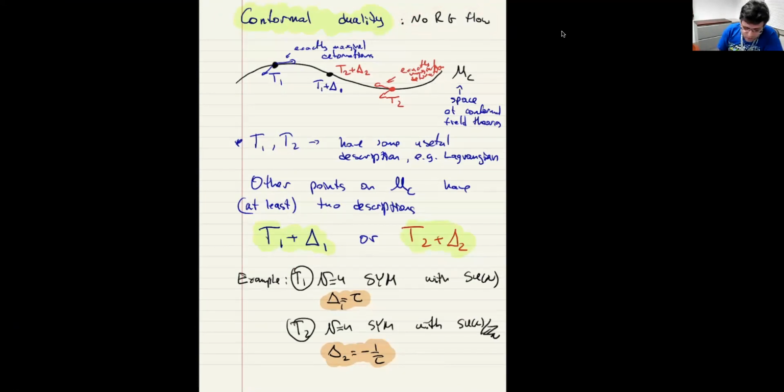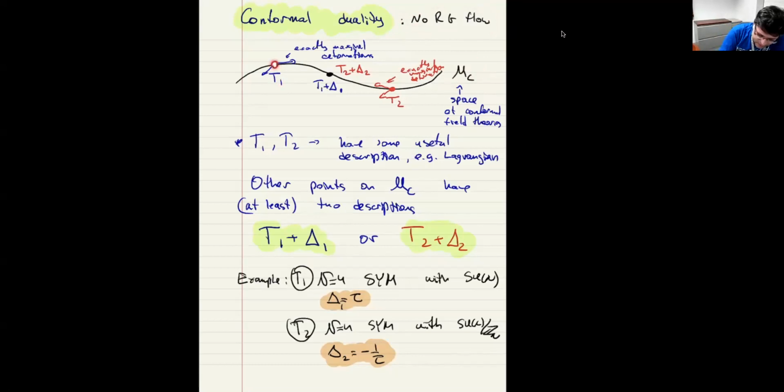Okay, so we find some theory, say a theory which I will call T1. And that theory has a conformal manifold MC. Remember, we defined the conformal manifold, we computed properties of the conformal manifold, and we will do a very detailed example, a different very detailed example in a moment. And what does it mean that we have a conformal manifold?